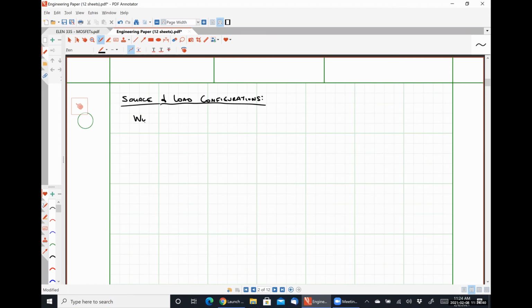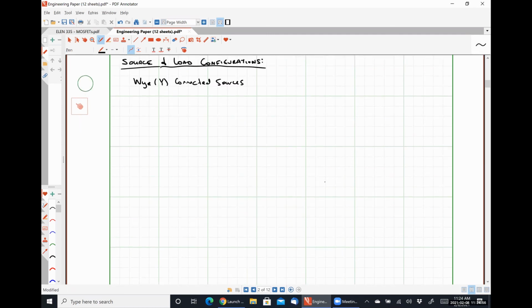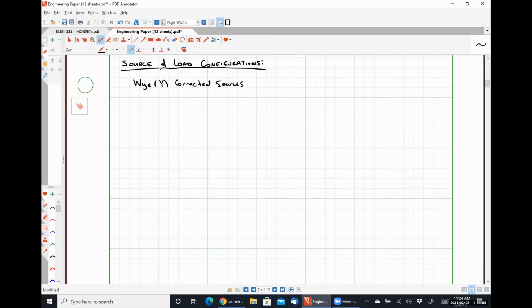It may be written as WYE or literally just the letter Y. All right. In many textbooks, this will be represented in the following way.